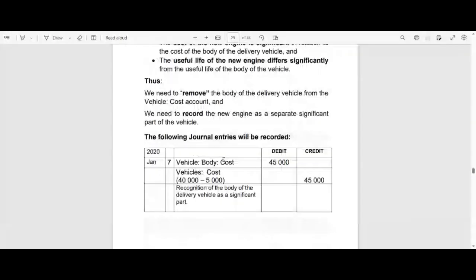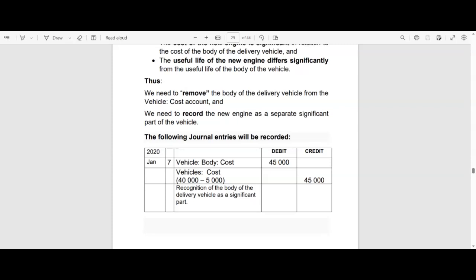Now, ladies and gentlemen, what we now need to do, because we have now purchased that new engine and we've seen that the cost is significant, it has a different useful lifetime, it can be replaced separately, so it ticks all those three boxes. Now it means we'll have to go and identify our significant parts as part of our accounting system as well.